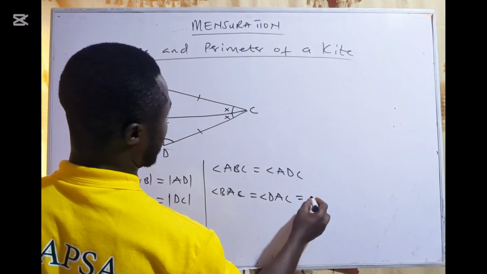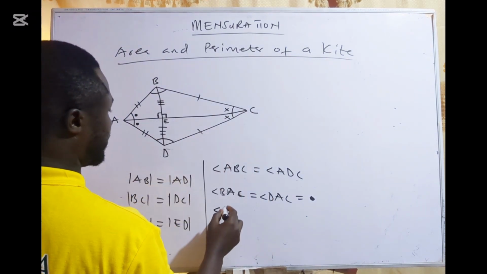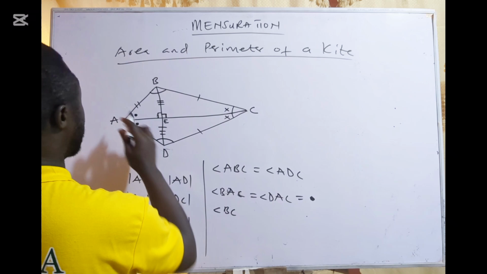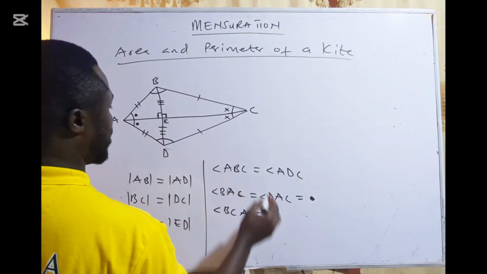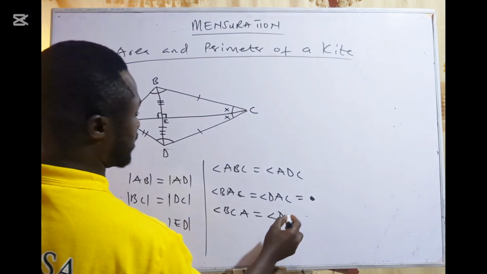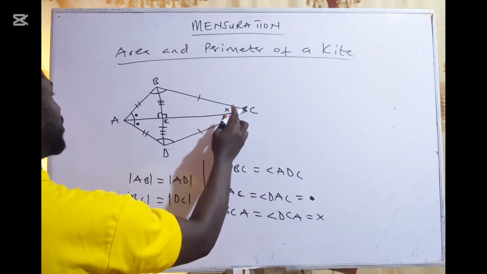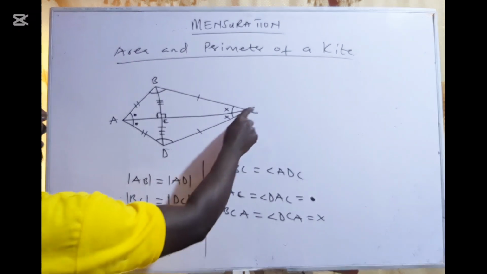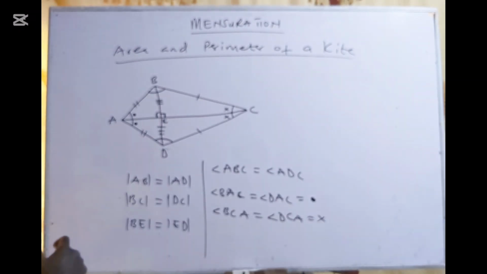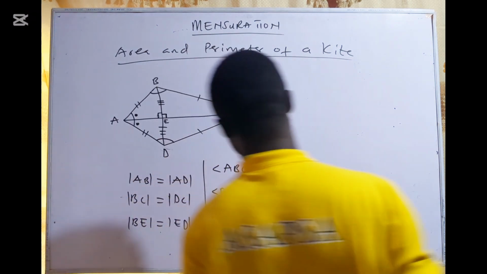And then angle BCA is also the same as angle DCA. So this angle is also the same as this angle, so that the diagonal divides the angle into two. Those are the properties of a kite that you should take note of.